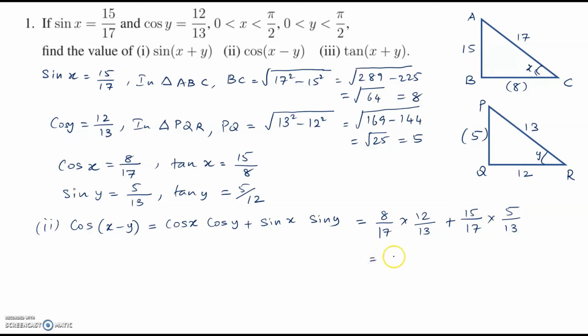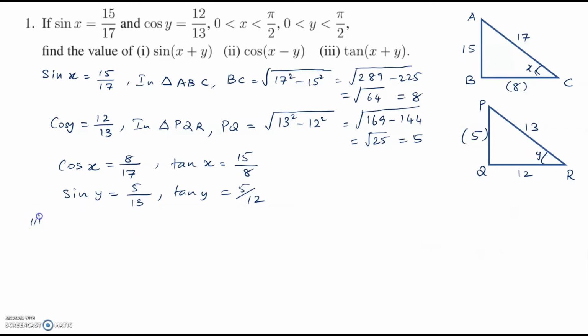So further simplifying this, again, the denominator would be 17 into 13 and 8 times 12 is 96 plus 15 times 5 is 75. So the answer is 171 divided by 221.